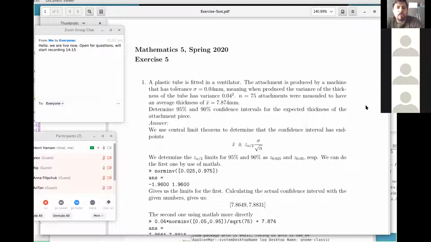But we talked about this. So the interpretation here is that we give a 95% confidence interval.